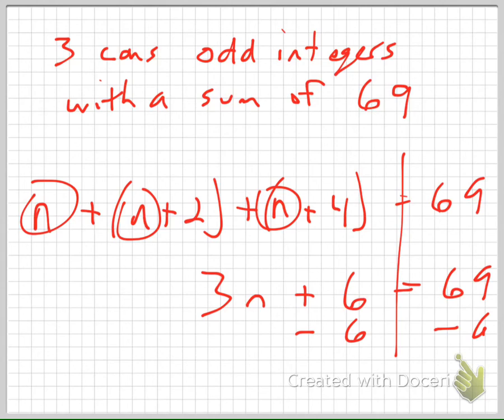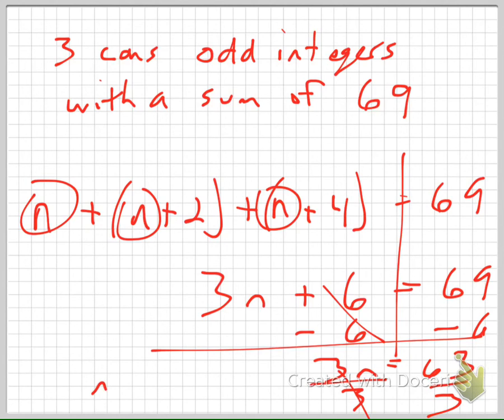Minus 6, minus 6. 3n equals 63. Divide by 3, divide by 3. n equals 21. What are the 3 consecutive odd integers then? 21, 23, 25. Is this an easy one for you to double check? You would just add 21, 23, 25 and see if it comes out to 69. Does that make sense? How many of you got that?